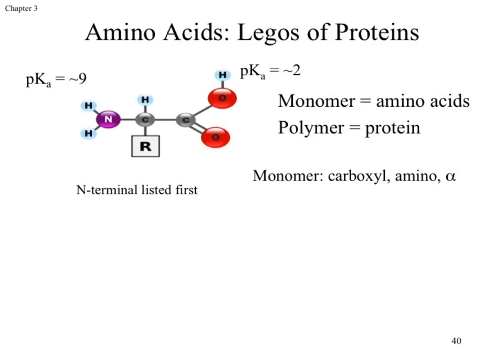Okay. So when we look at the amino acids in chapter 3, what are the basics? How do they work? To start, amino means we have an amine group. So when we look at our amino acid, what do we immediately see? An amine group.